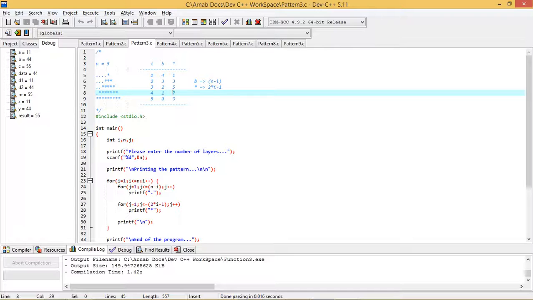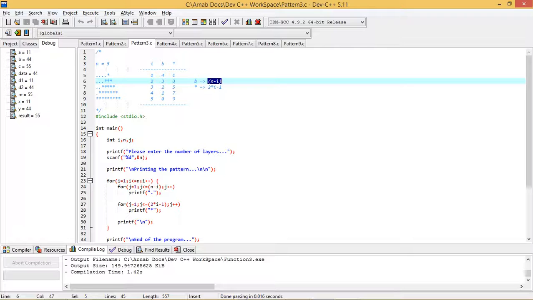The logic I told you earlier: the value which is increasing should be subtracted from a fixed quantity so that the difference decreases. If you are not getting it, you can try this way. 5 minus 1, that is 4. 5 minus 2, that is 3. 5 minus 3, that is 2. 5 minus 4, that is 1. And 5 minus 5, that is 0. So the logic for blank is nothing but n minus I.